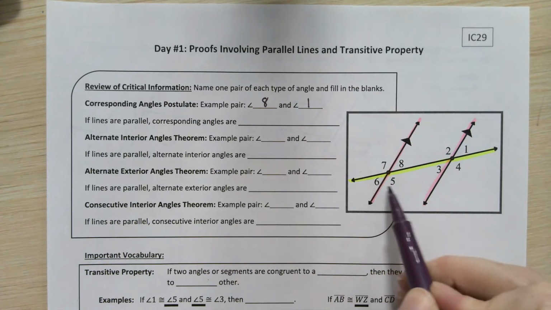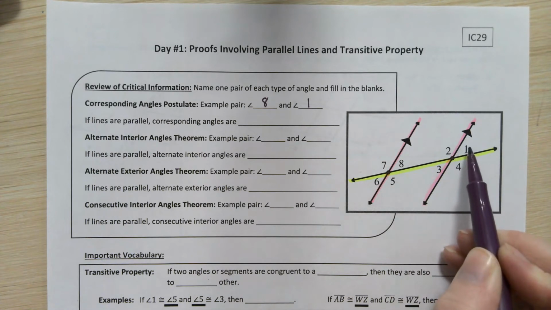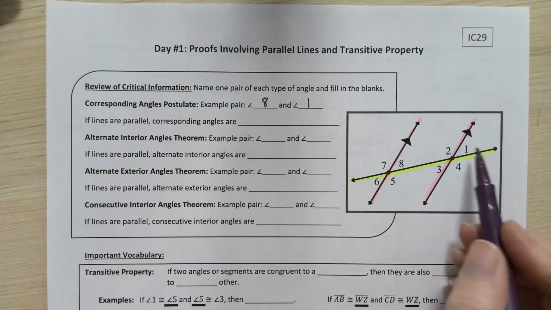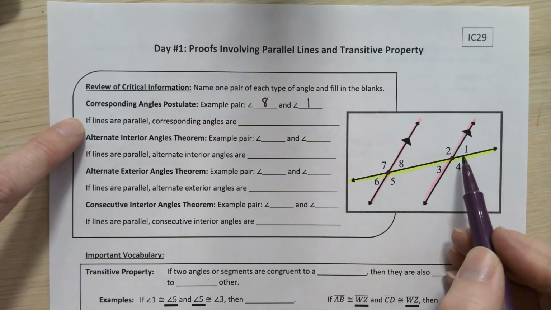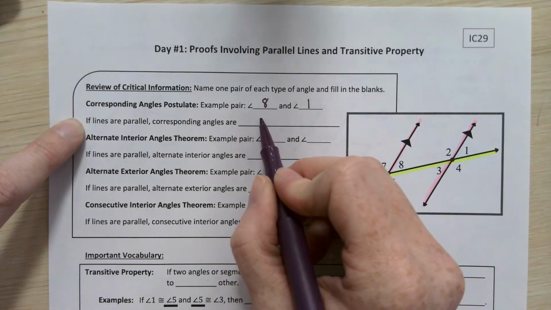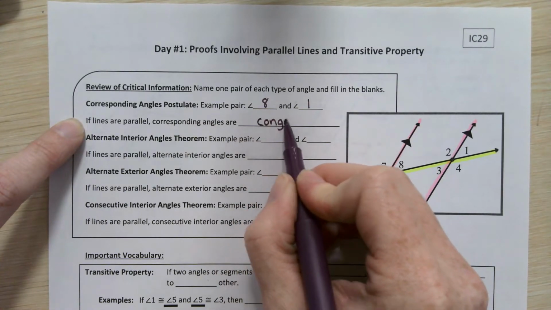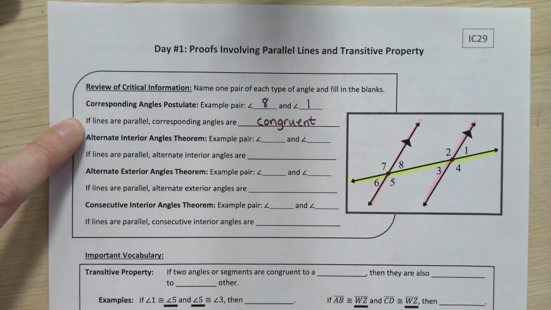So in this little group of angles, angle 8 is the top right, angle 1 is in that same top right position over in its little group of angles. From Standard 6, if these lines are parallel, we learned that the corresponding angles postulate tells us that corresponding angles will be congruent to one another.